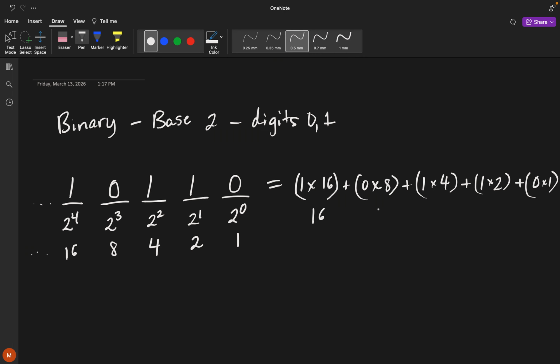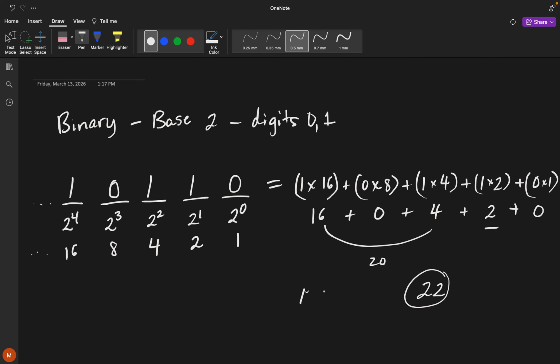Anything times 0 is 0. So that's 16 plus 4 is 20, plus 2 is 22. So this value over here, 10110 in binary, and I'll write it like this for now, is equal to 22 in the decimal system.